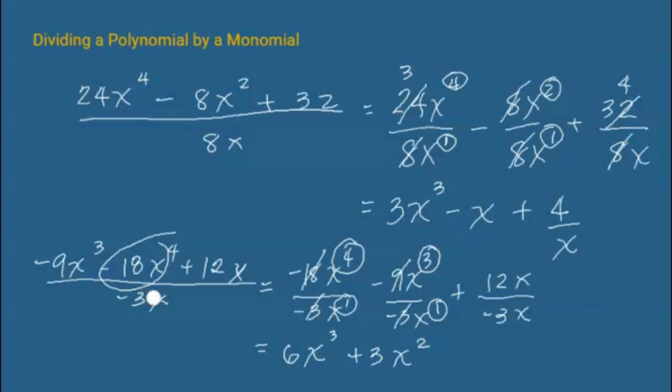The last term, 12 divided by negative 3 is negative 4, and then the x cancels out, or 1 minus 1 is 0. X raised to 0 is equal to 1, so negative 4 times 1 is negative 4. So the final answer is 6x cubed plus 3x squared minus 4.